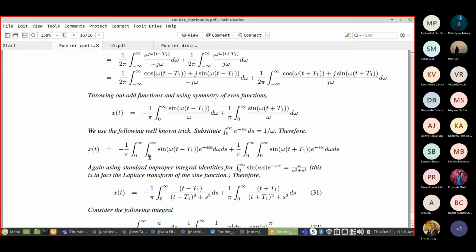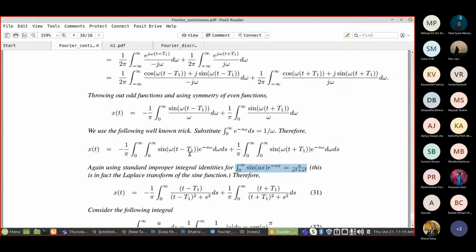All right. Another formula. So sin(ax) times e to the power minus sx evaluates to this integral. This is actually the Laplace transform of sin(ax). But you can take this as a standard integral. So we are going to substitute this upstairs.